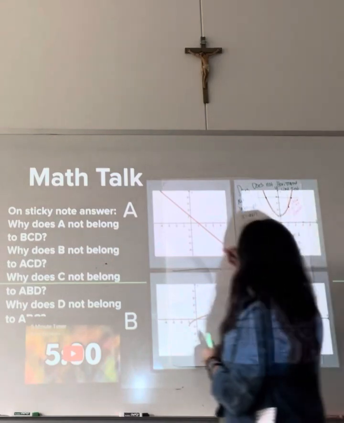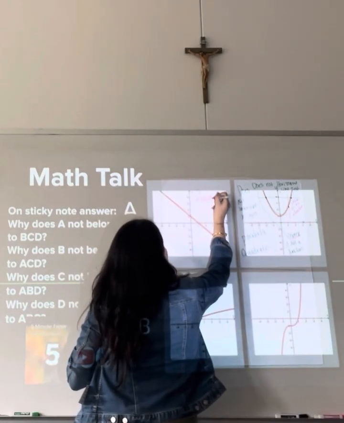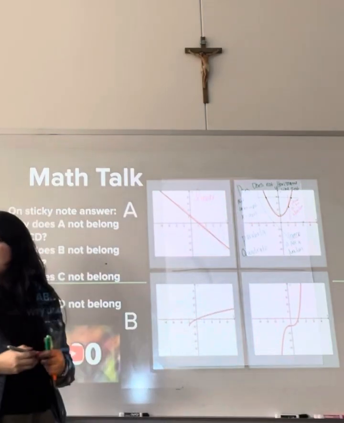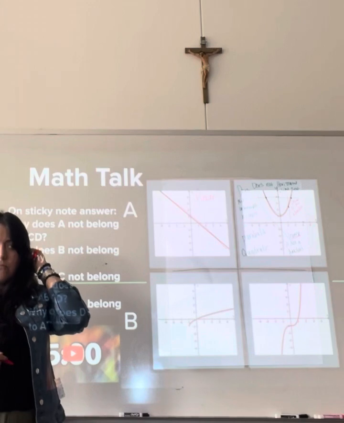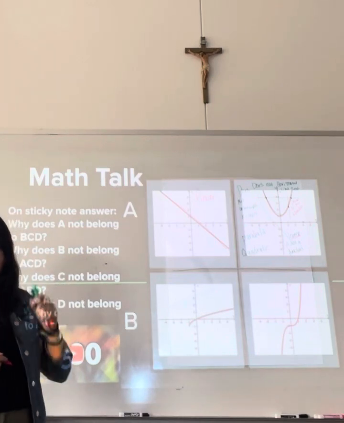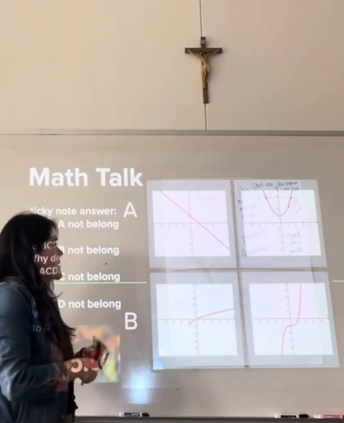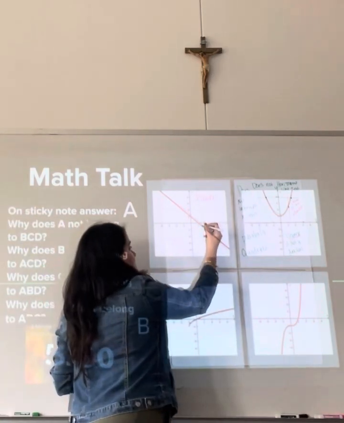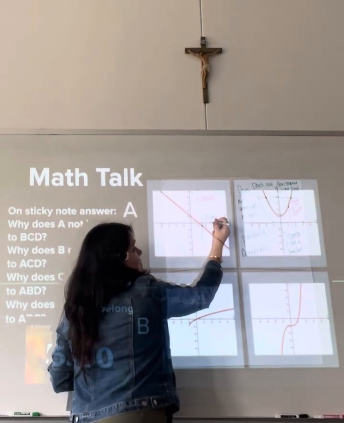Okay, A is the only linear one, right? So if it were linear, what do we know about linear functions? Anything else you want to write for linear functions? A linear function is a function because it passes the vertical line test. Consistent pattern.